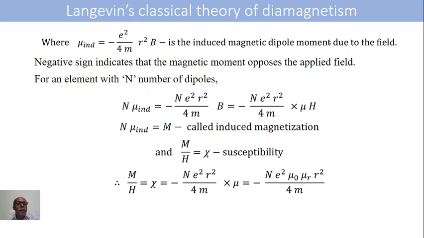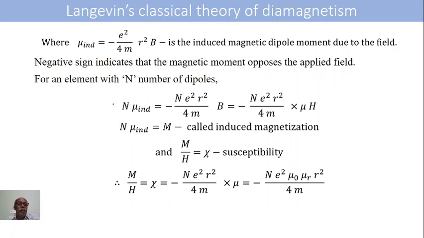If there is no B, there is no mu induced, only mu naught will be there. The negative sign indicates that the magnetic moment opposes the externally applied field B. If we consider an element having n number of dipoles, in the sense n number of atoms, each atom is considered as a dipole.